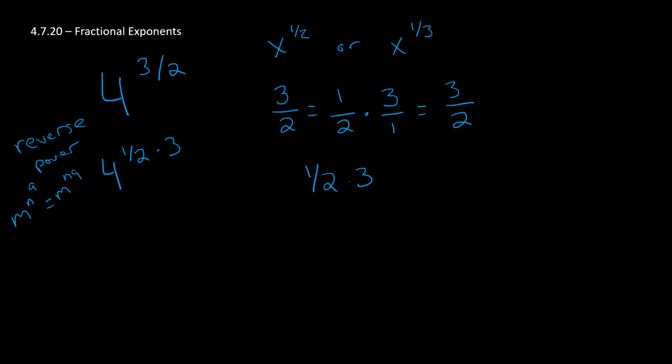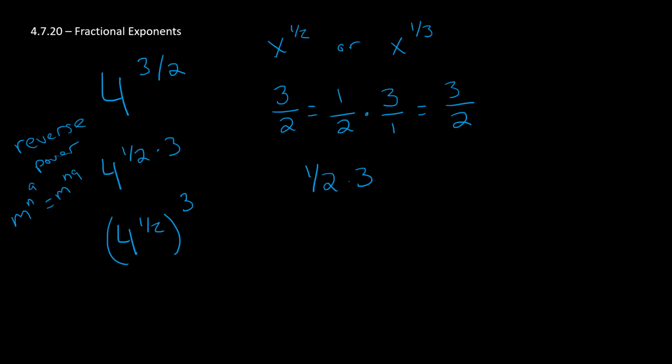Well, in this case, we can split these up and go in this direction. So we can stack these exponents. So we'd have 4 to the 1/2, and we can raise all this to the third power. I know it's confusing. We'll do a couple more of these together.